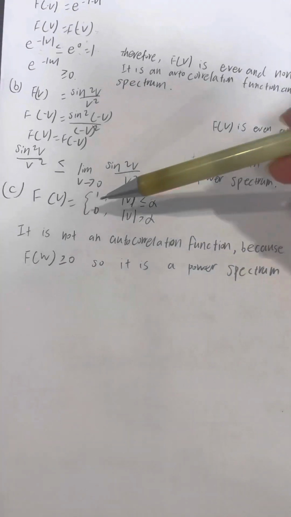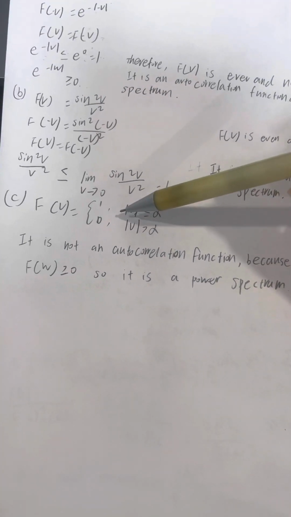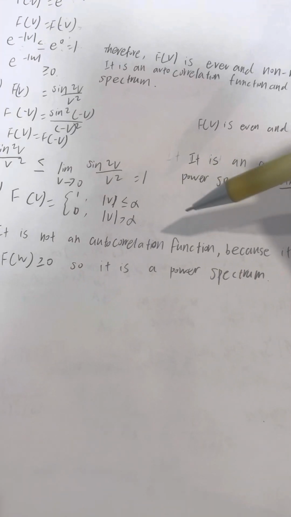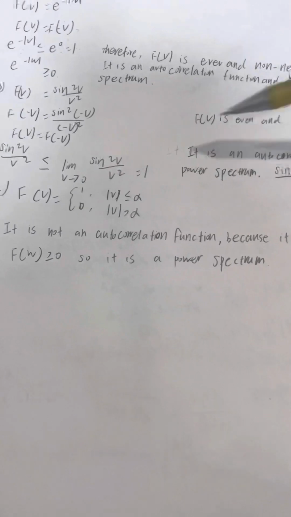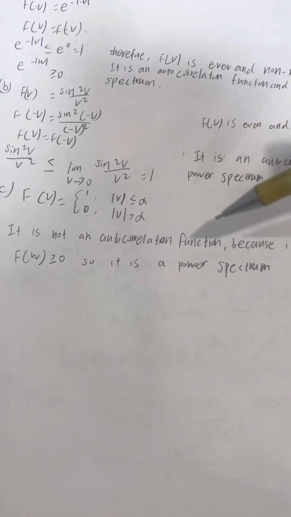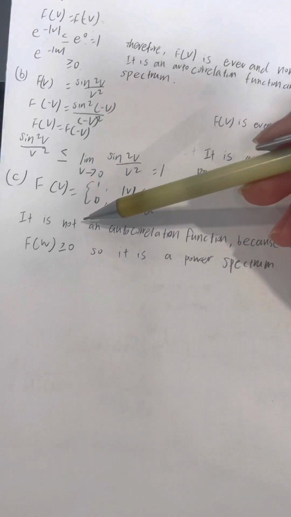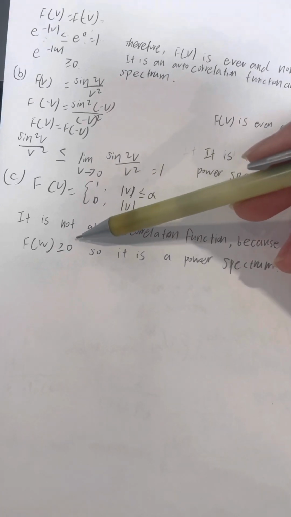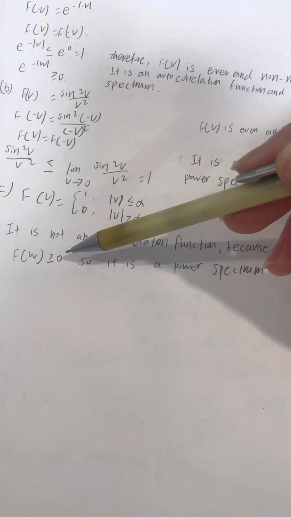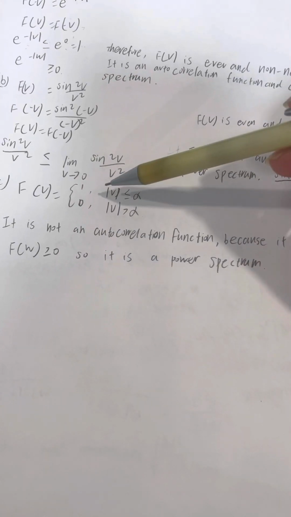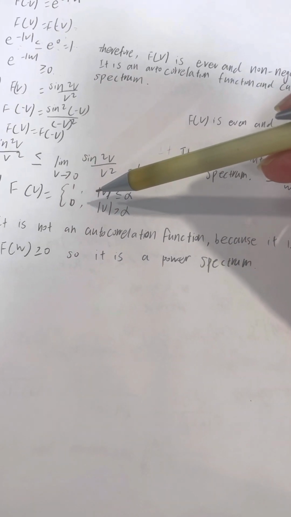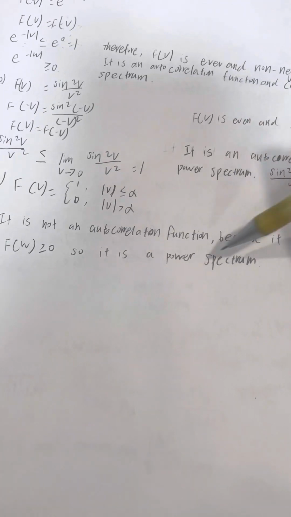And so we know this is not an autocorrelation function because it is not non-negative. f(v) can be negative, and if we replace v by w, f(w) is greater than or equal to 0, because it has a value of 1, so it is a power spectrum.